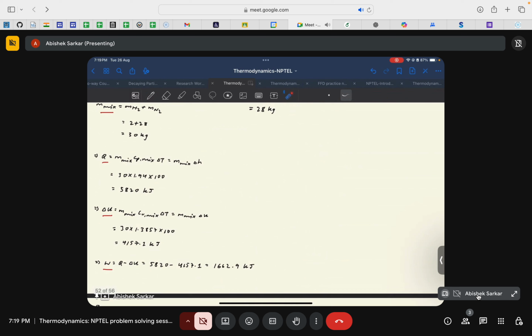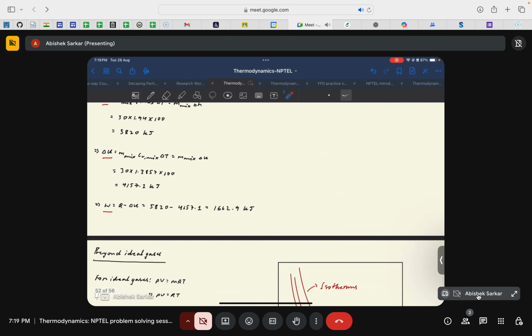Similarly, delta U would be m mix Cv mix times delta T, where m mix is 30 and Cv mix is 1.3857, times 100, or 4157.1 kilojoules. Work done from the first law would be Q minus delta U, or 5820 minus 4157.1, which is equal to 1662.9 kilojoules. So that's what we were asked to find, and we found it.